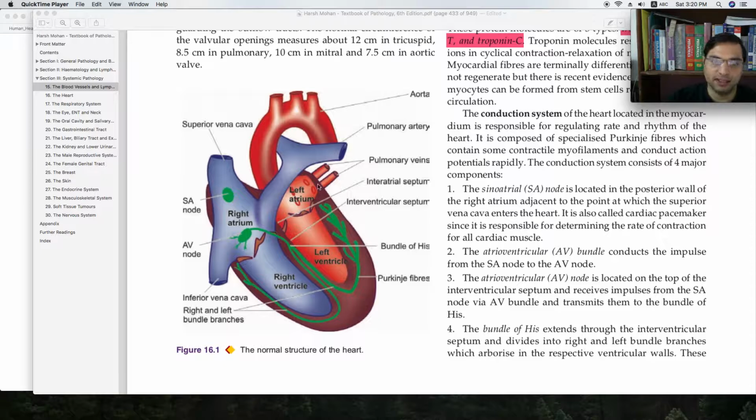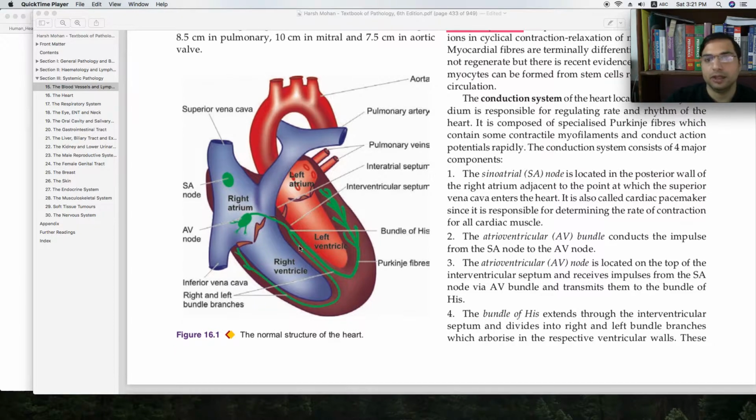Apart from this, it has a lateral wall, which means the side wall. And it has anterior and posterior walls. Anterior means towards the front of the chest, and posterior is away from the anterior chest. It is also divided into left and right. So these are some of the planes which you should know.